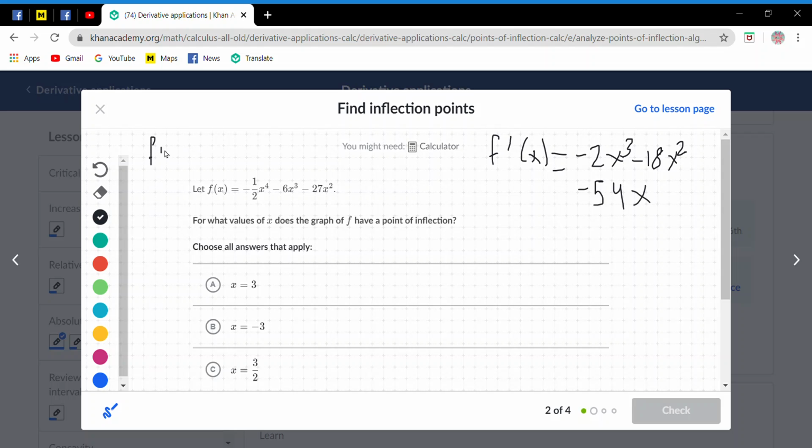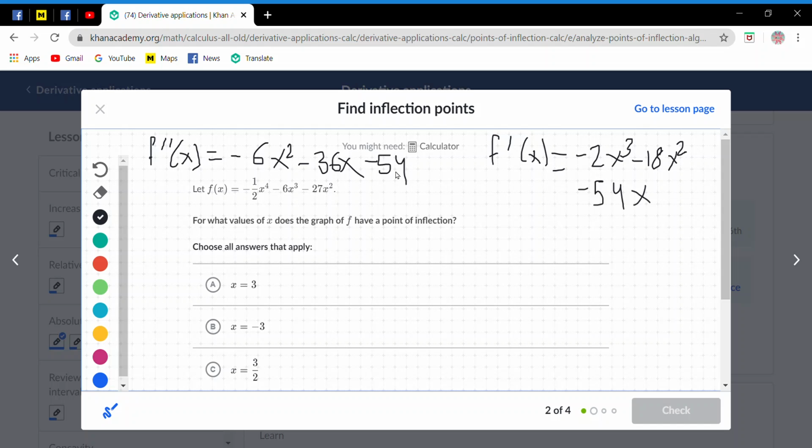So f double prime of x equals minus 6x squared minus 36x minus 54.